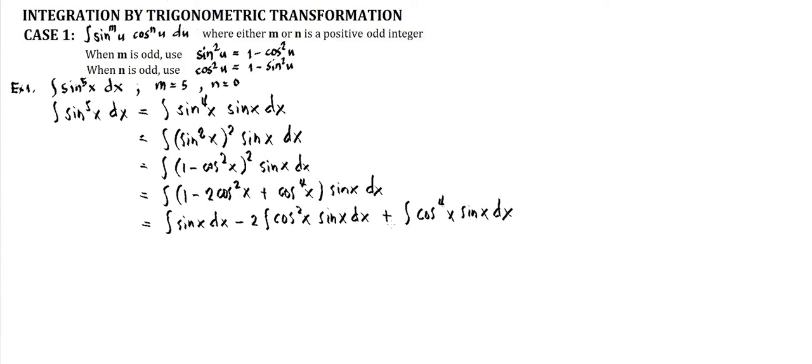Okay. So, dito, mag-let u tayo equals cosine of x. And then, our du will be equal to negative sine x dx.